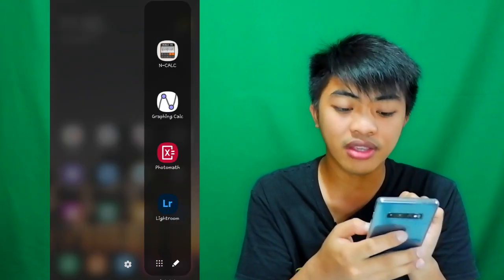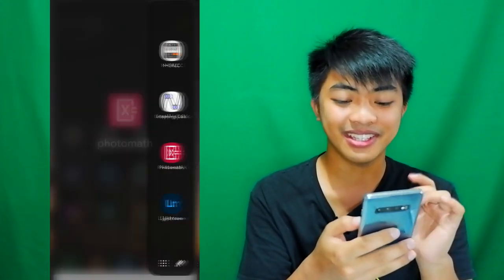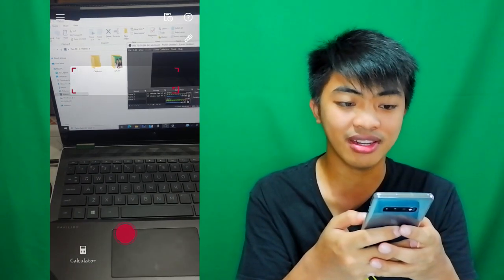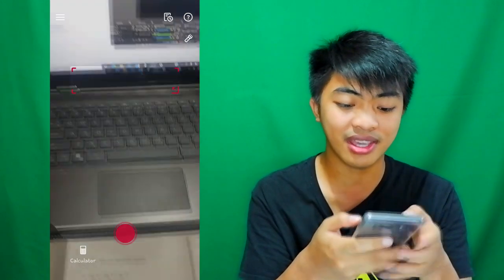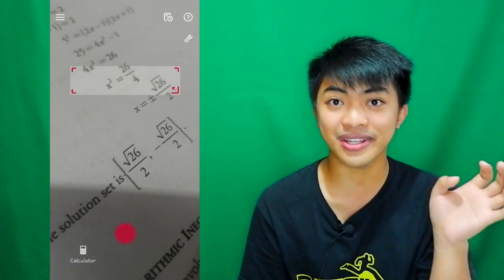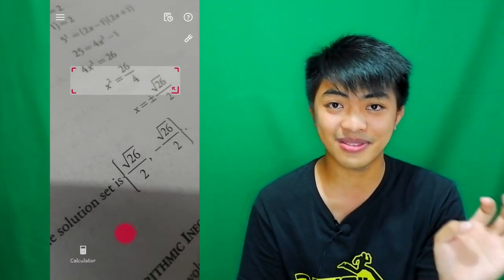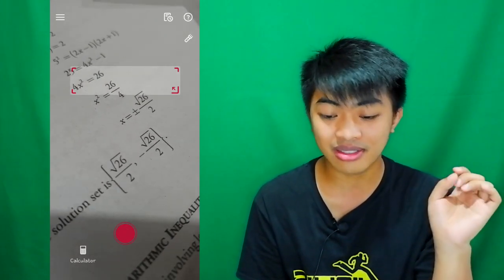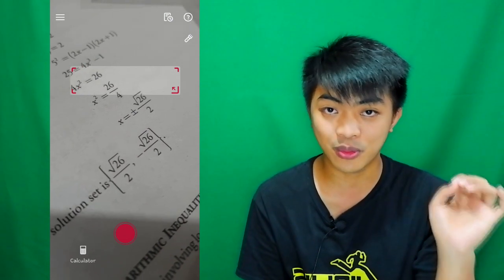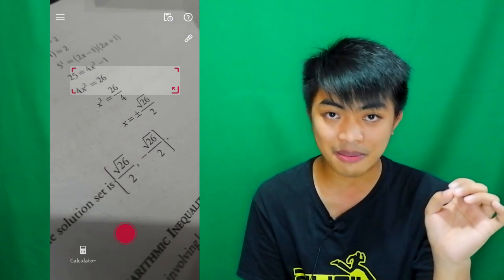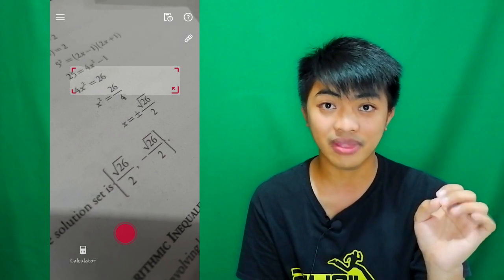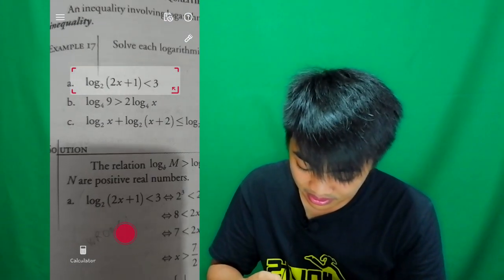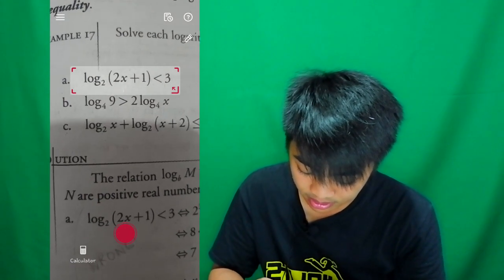And next one is Photomath, the most popular application for students today. You just have to point your camera to the equation or inequality and it will solve it for you, and it will show you the answer as well as the complete step-by-step solution. So let's try one. So this is a logarithmic inequality.